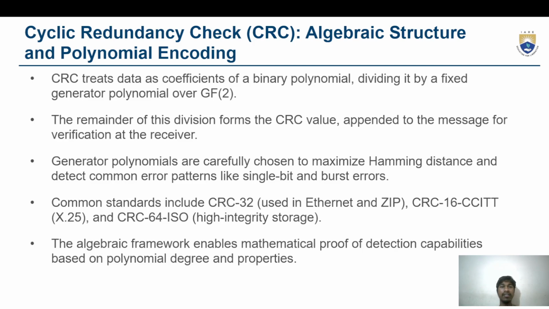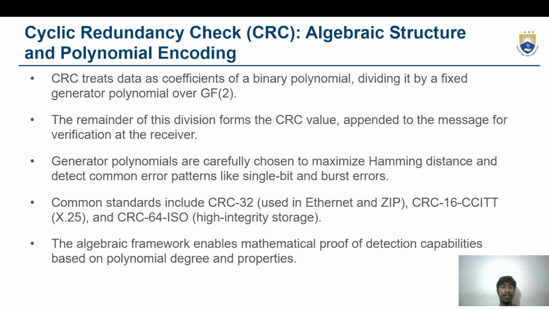Cyclic redundancy check, also known as CRC: algebraic structure and polynomial encoding. CRC treats data as coefficients of a binary polynomial, dividing it by a fixed generator polynomial over GF(2). The remainder of this division forms the CRC value appended to the message for verification at the receiver.